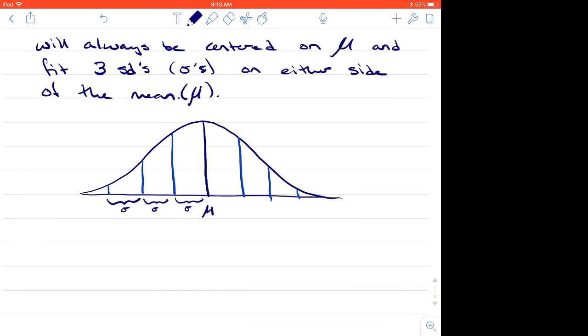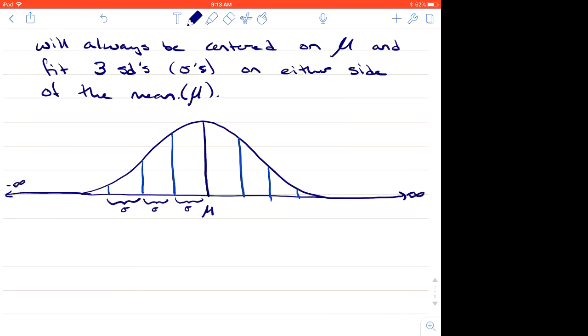The reason is, technically, these tails go to infinity and negative infinity, meaning the curve never actually closes on the axes. There's always a little bit of room representing those very, very unlikely probabilities, right?